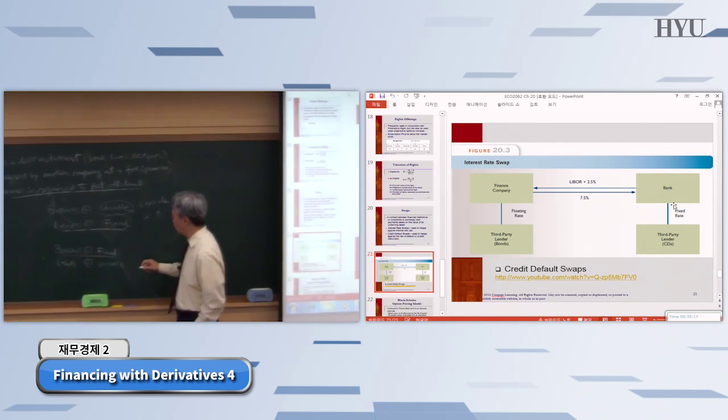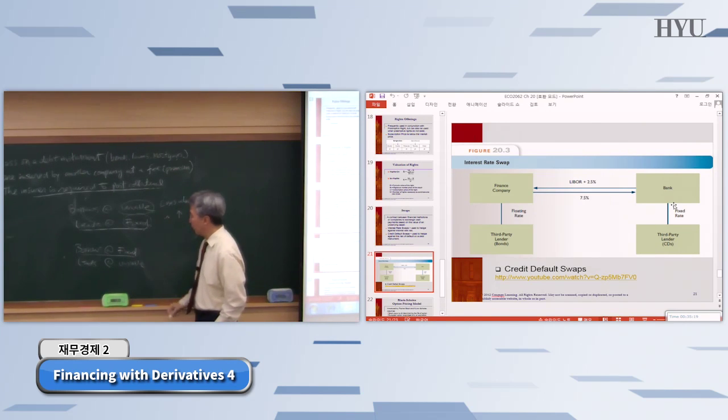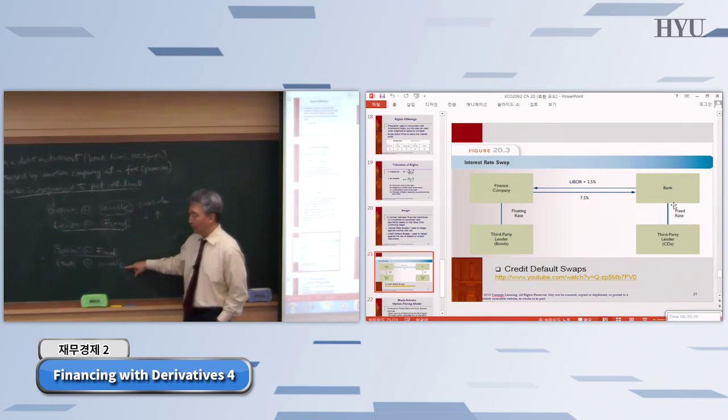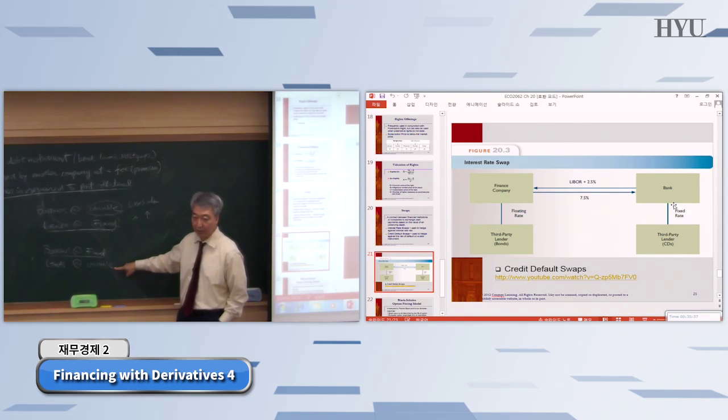So this company will have a problem when the interest rate goes down, right? Because their cost is fixed. Their interest cost is fixed, right? But when the interest rate goes down, then their income from the money they lent will go down, right?